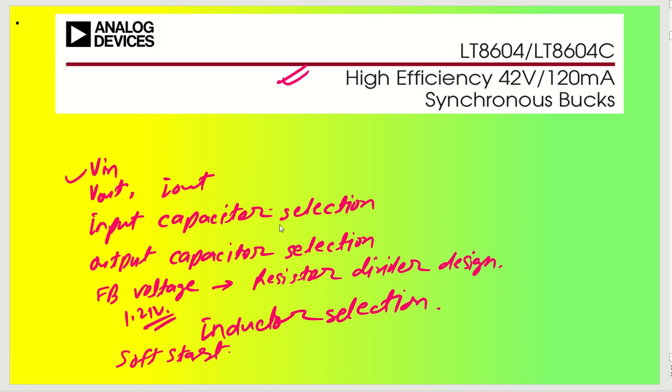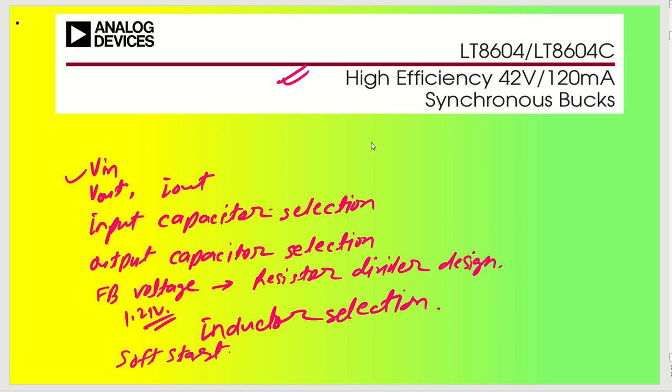Then how we can select the input capacitor and the output capacitor, and how we can set the regulated output voltage using the feedback pin or feedback resistor divider design. At last we'll be designing the inductor selection, and if possible, soft start options or something like that.